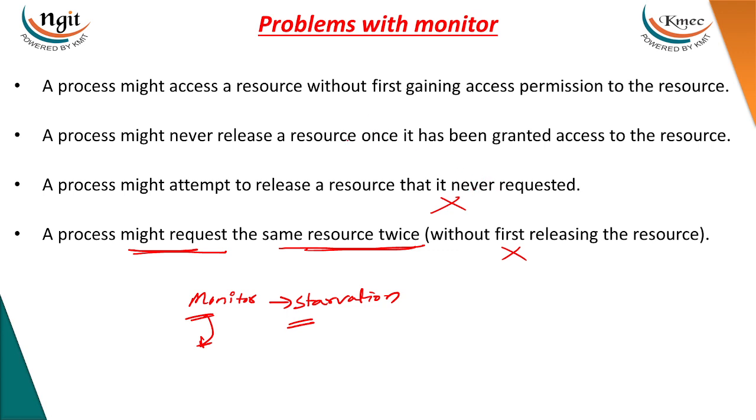Also, a process might access the resource without first gaining permission to access it. So these are four problems, and the major problem with the monitor is starvation.